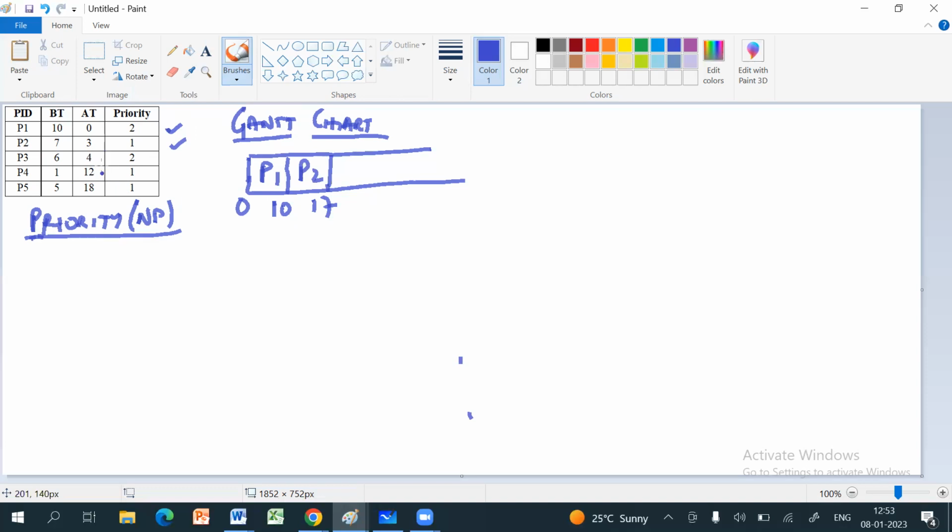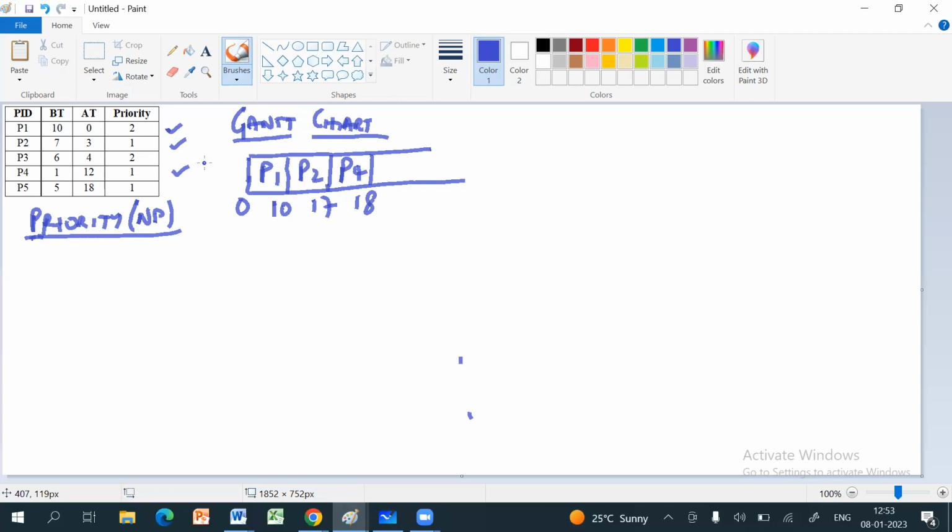Both P3 and P4 are available, but again we are more worried about the priority. P4 has a lesser number in comparison to P3, so P4 will be given a chance to execute. P4 will continue for its burst time because it's non-preemptive, so it is voluntarily allowed 1 unit of time. It will continue till 18. So P4 has also completed.